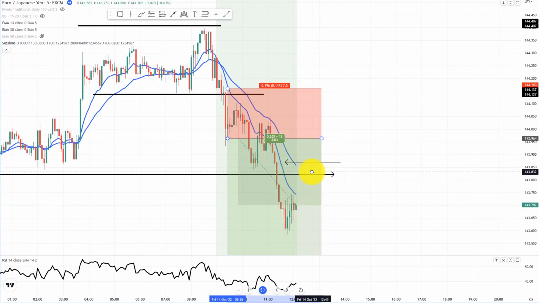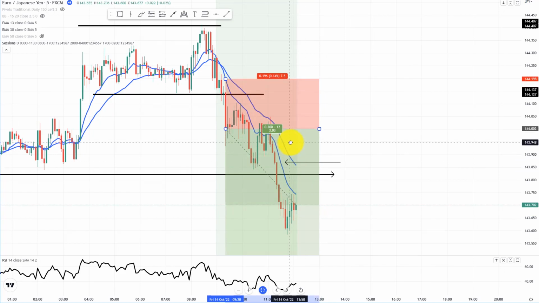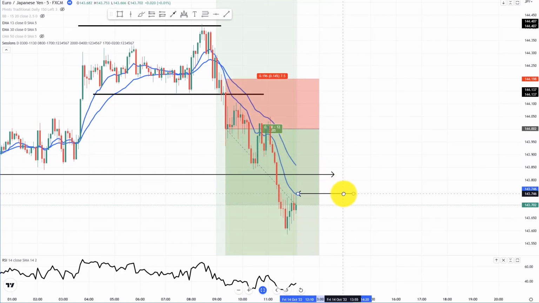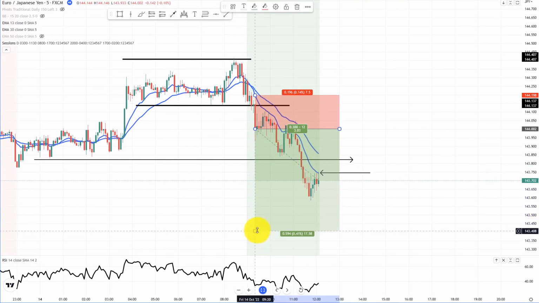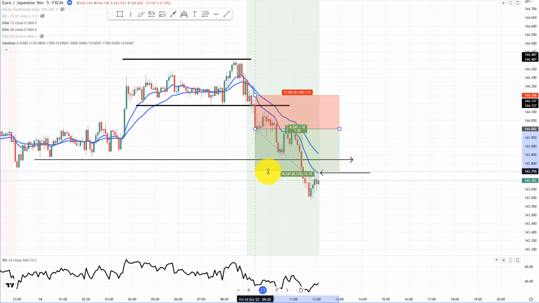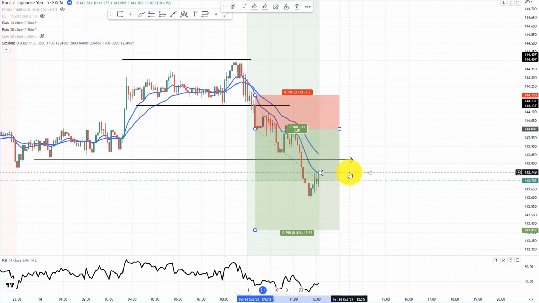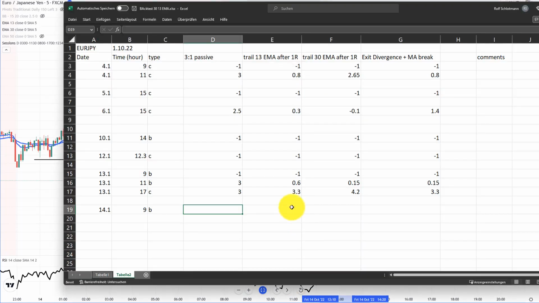Okay, here the 1R is barely hit, but it is hit. And this is a 1.3. This one is still in play, so 1.3.